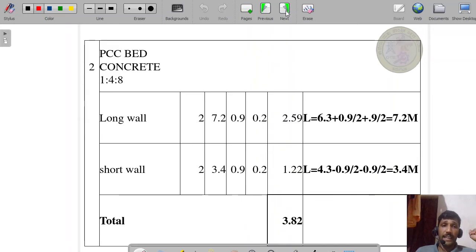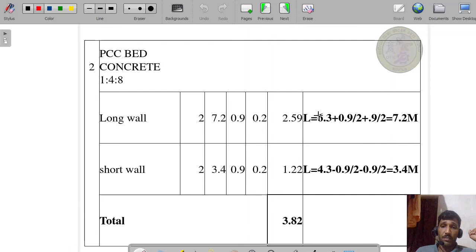Now move on to the second item, PCC bed concrete 1:4:8. Here in this PCC bed concrete, there are once again long wall and short wall items. In long wall, there are 2 numbers, already we calculated. Short walls are also identified, 2 numbers. Then long wall length, how are we going to compute?